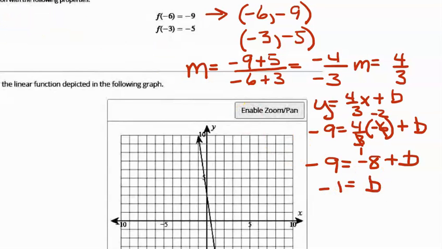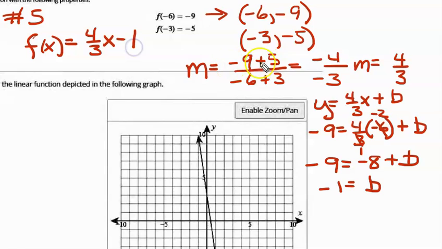So the answer to example number 5 is f of x equals, our slope is 4/3 x, and our y-intercept is -1. All of that from just this information.